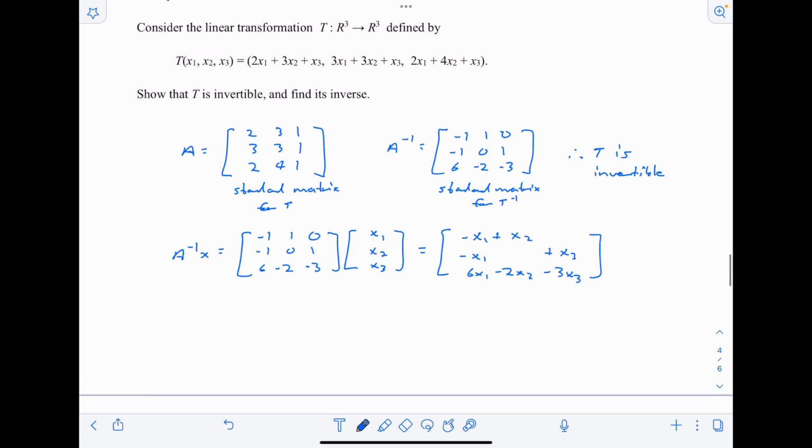Which means that, just as T is written up here in this form, T inverse of x1, x2, x3 is given by -x1 plus x2, -x1 plus x3, and 6x1 minus 2x2 minus 3x3. So that would be the inverse of T.